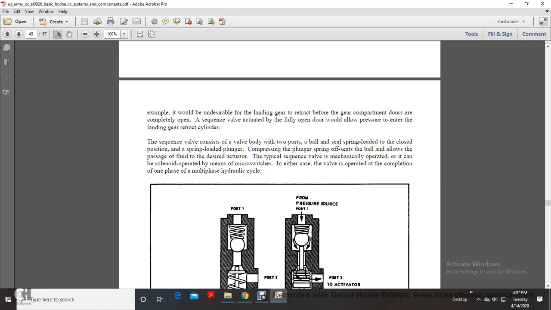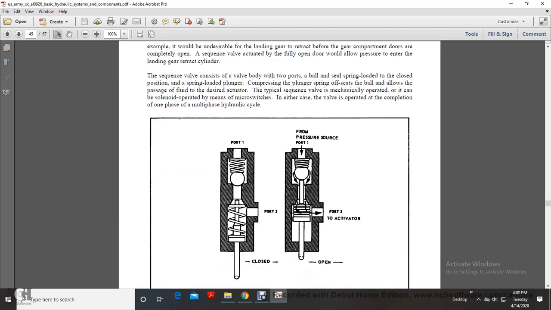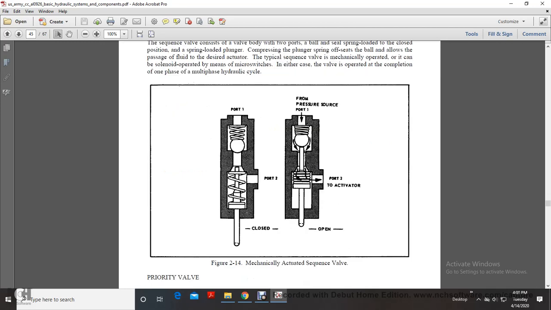A typical sequence valve can be manually or mechanically operated, or solenoid operated by means of micro switches. In either case, the valve is operated at the completion of one phase of a multi-phase cylinder hydraulic cycle. Alright, so Figure 2-14 shows port A. Your mechanically actuated sequence valve has two springs and one piston valve, a spring, port 1, port 2, a ball check valve, and a spring underneath the valve and a piston of the valve.